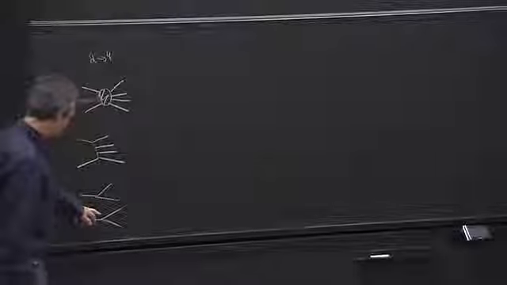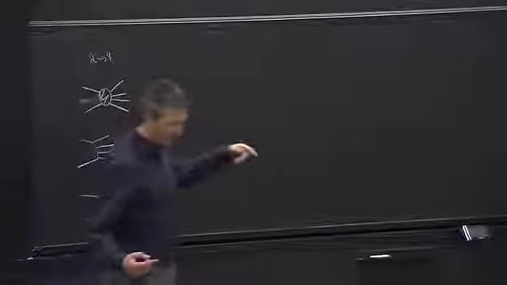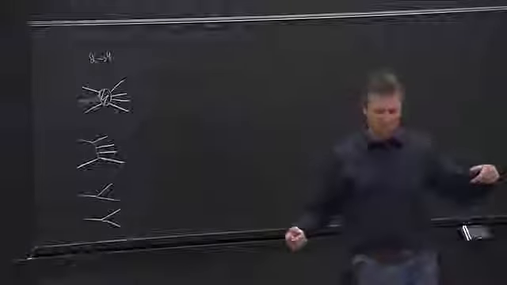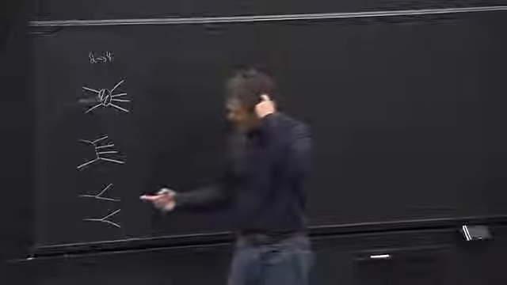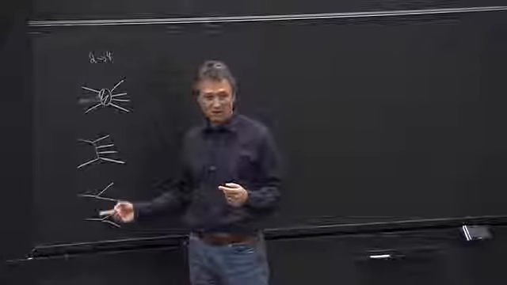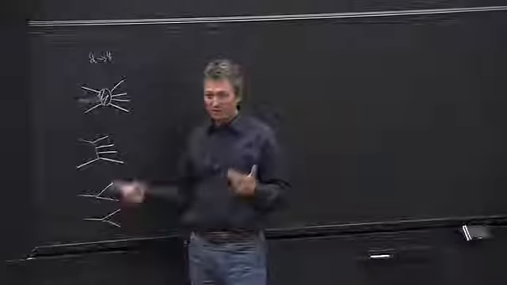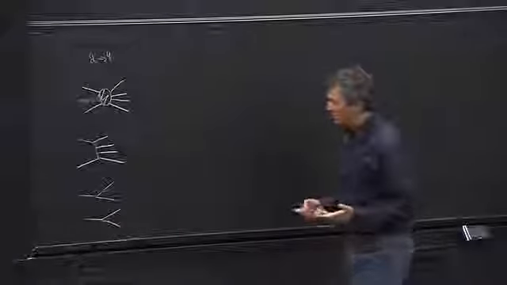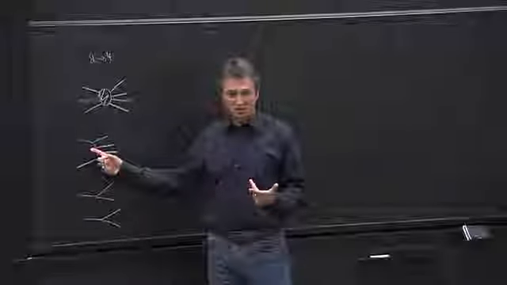Now this, of course, can happen without these particles coming together. They can still be separated by macroscopic distances for this to happen. So this would look very different from this process in some experimental setup.